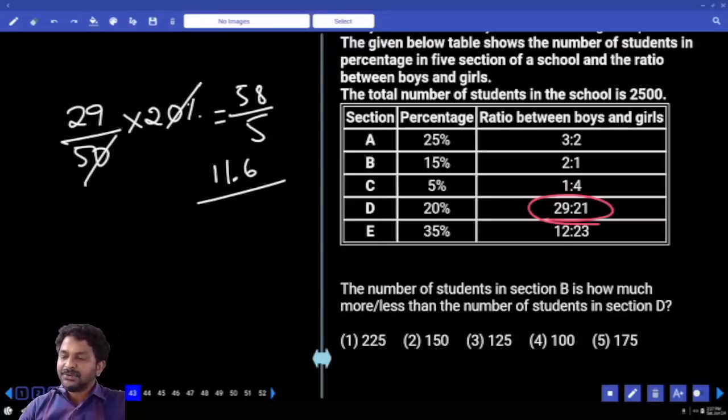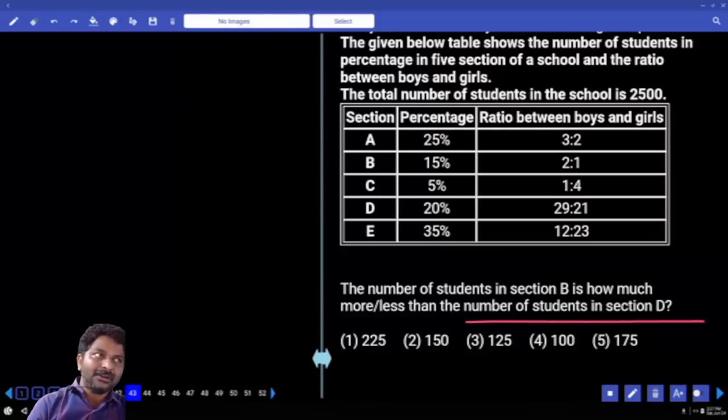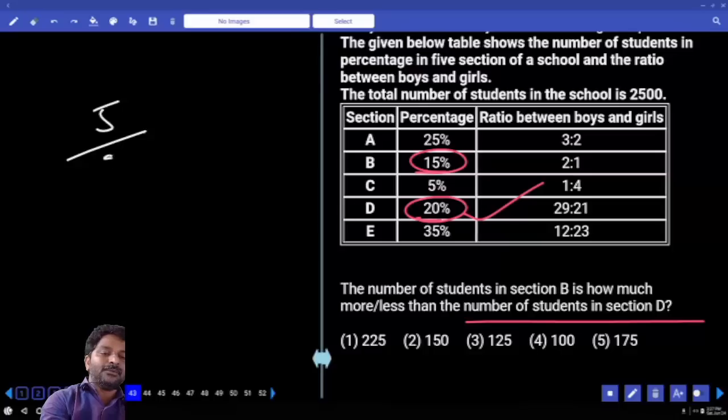The total number of students in section B is how much more or less than the number of students in D? It is about the total only. Yes. B is compared with respect to D. With respect to 20, 15 is less. How much less? 5 upon 20, 1/4.